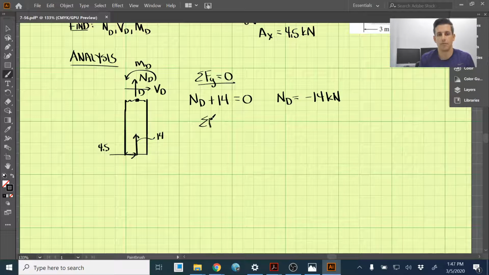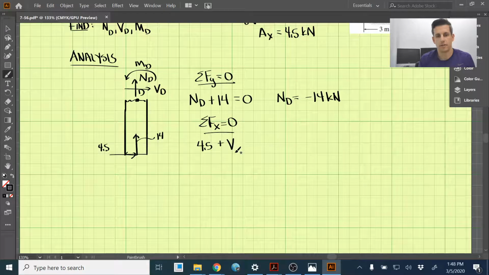Okay, sum the forces in the x direction now, set those equal to 0. We have positive 4.5 at AX down here, and then we have plus the internal shear at D. Set those equal to 0. We have VD is equal to negative 4.5 kilonewtons.